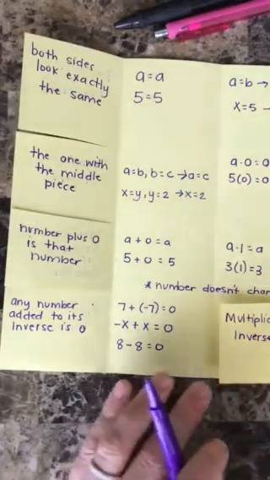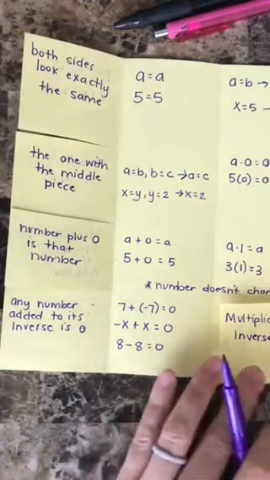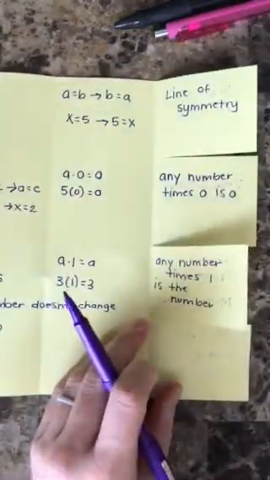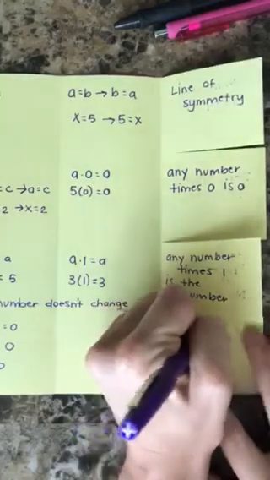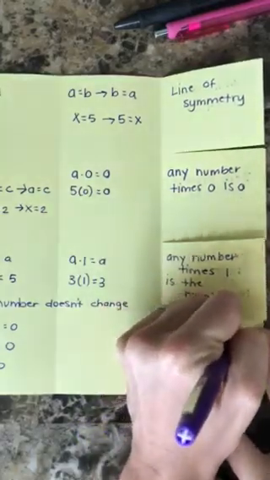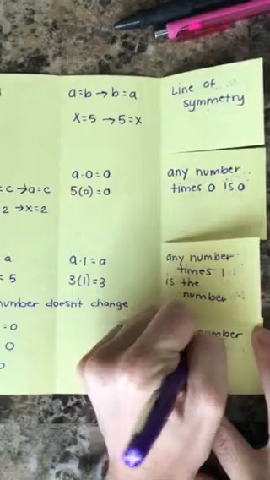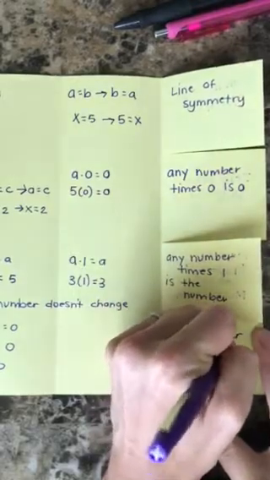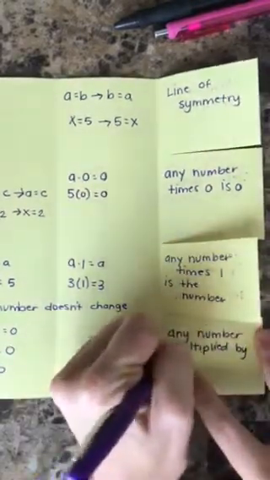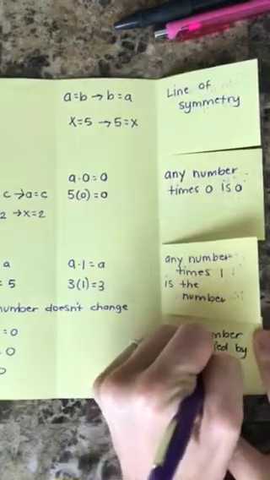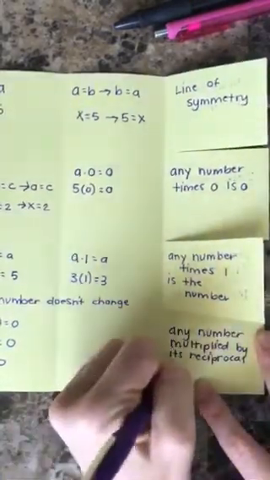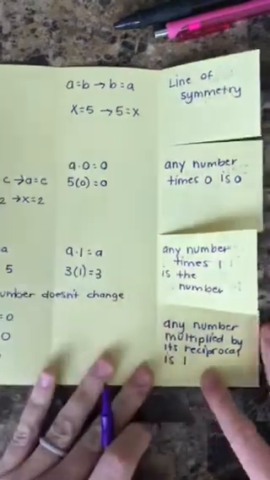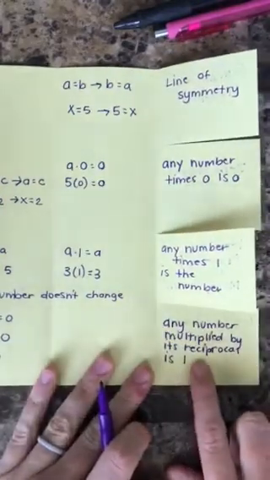And then your multiplicative inverse, over here, says any number multiplied by its reciprocal is 1. Remember, reciprocal, that's a little bit hard to read, sorry.